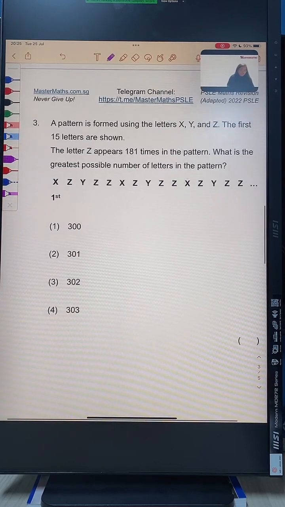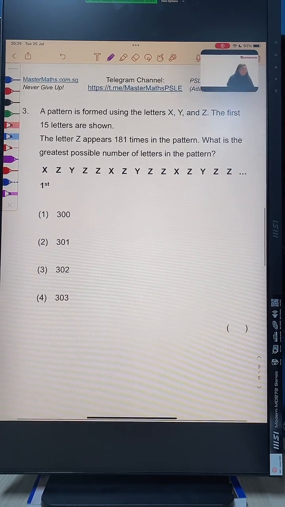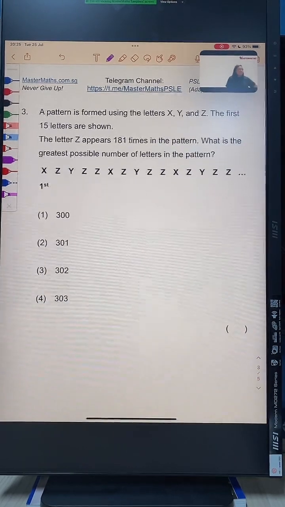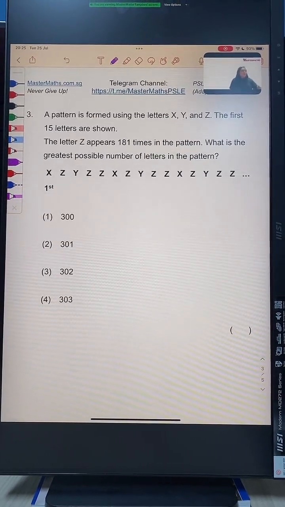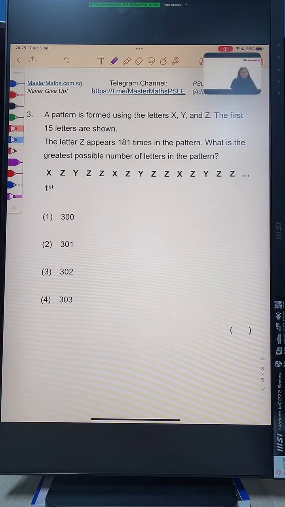Okay, question number 3 is a patterns question. So we have a pattern that is formed using the letters X, Y, and Z. The first 15 letters are shown. The letter Z appears 181 times in the pattern.